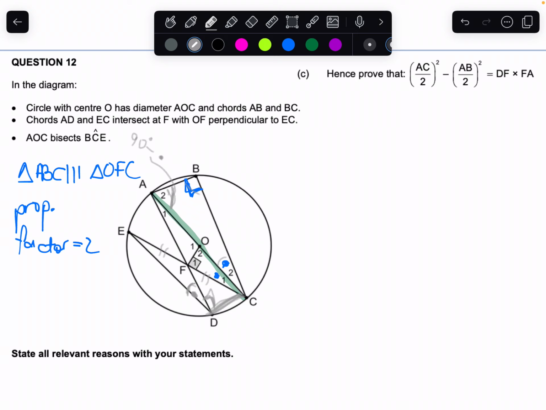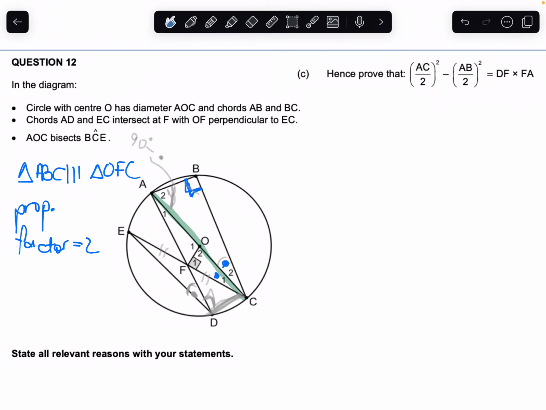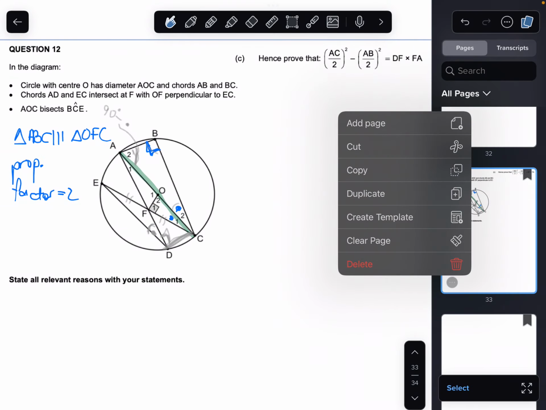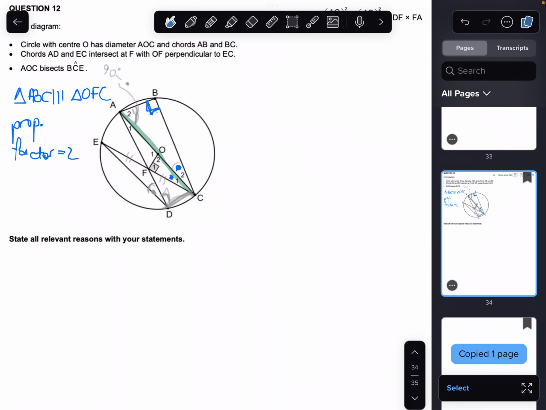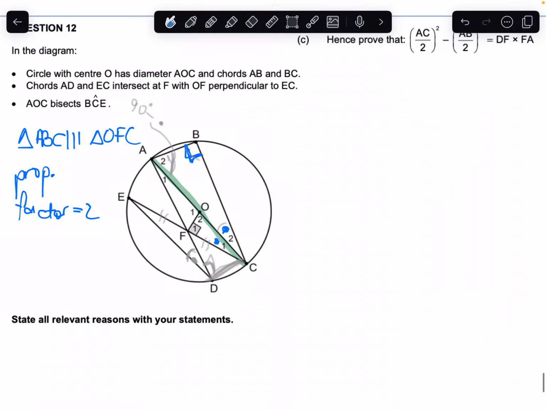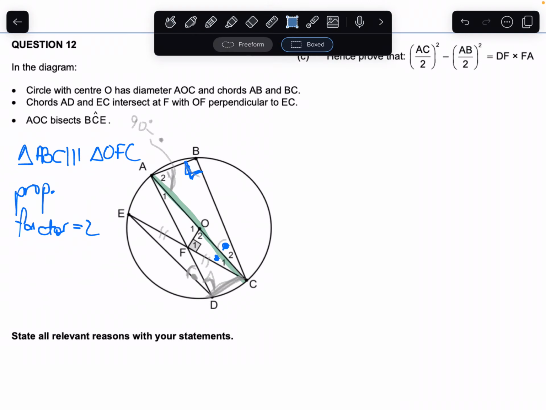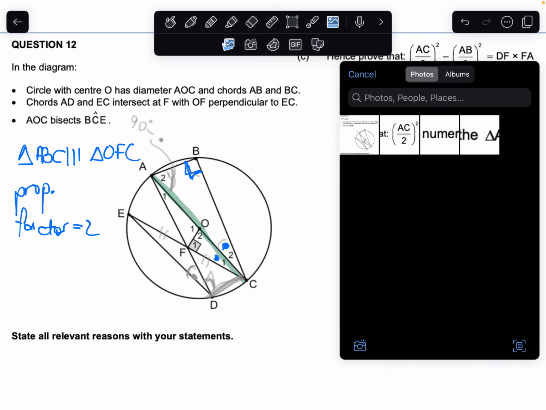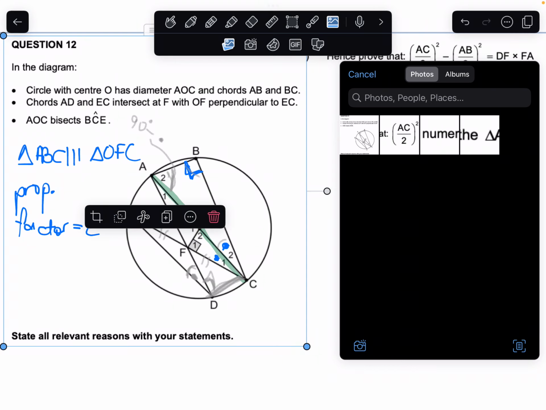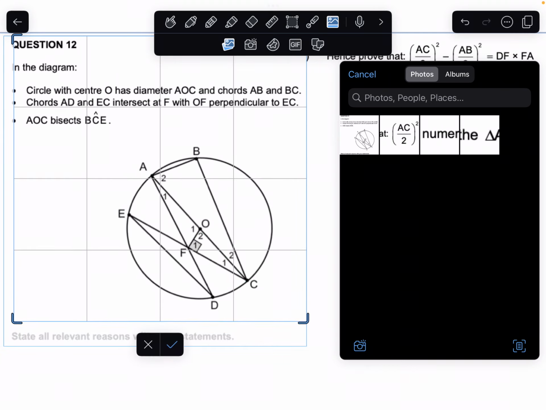So what I'm going to do is, what am I going to do? Okay, what I'm going to do is I'm going to duplicate this page, and then I'm going to crop a little bit of stuff.